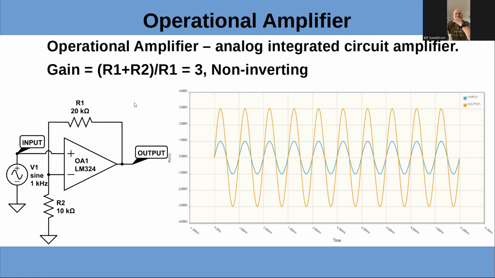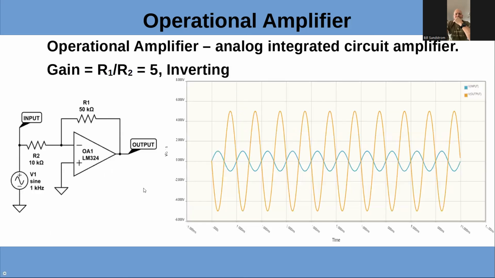You do it slightly different if it's an inverting amplifier, like here. And these are simpler. The downside is it inverts, which may or may not be a problem depending on what you're trying to do. But in this case, it's simply the ratio of R1 and R2.